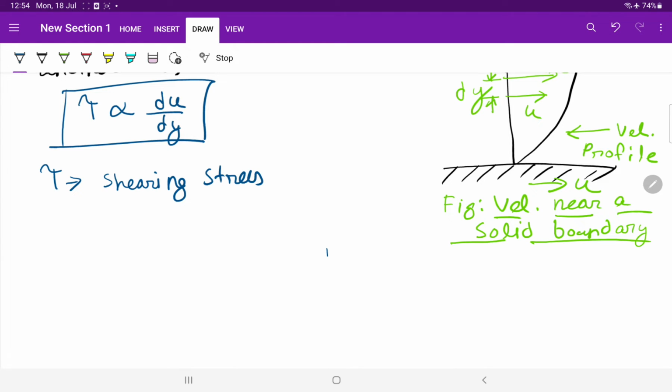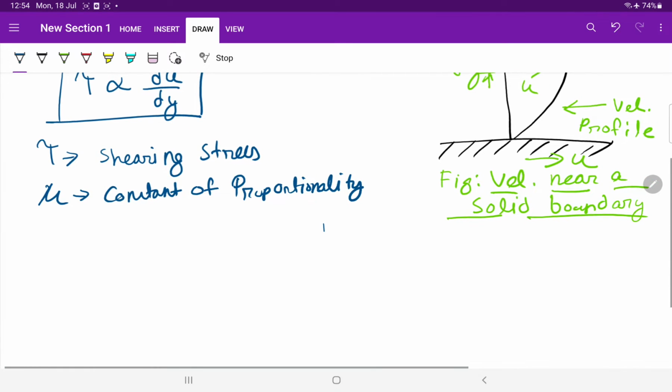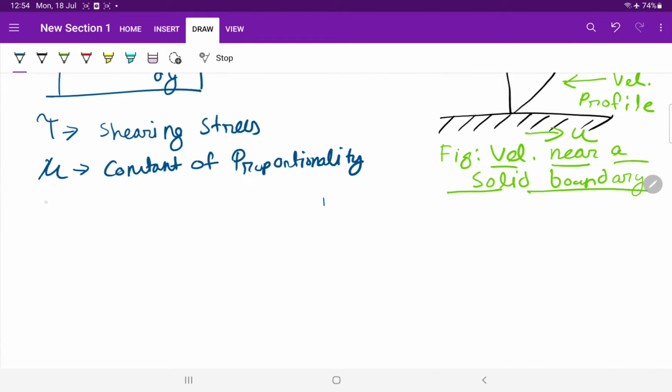Tau is the shearing stress, and mu is the constant of proportionality. If you equate this, it will be tau equals mu into du by dy.